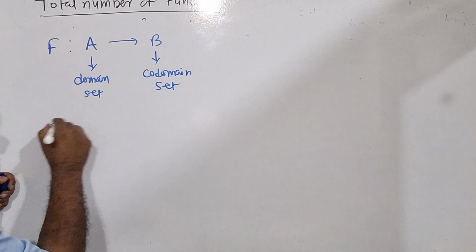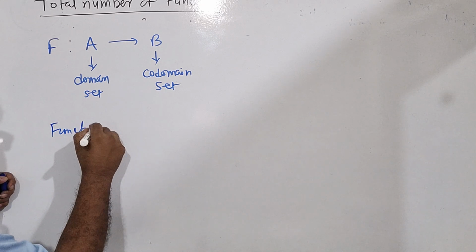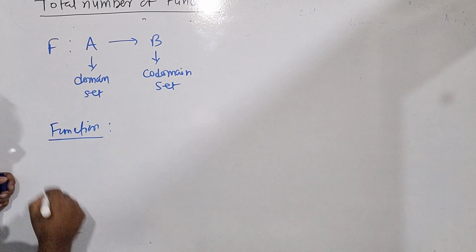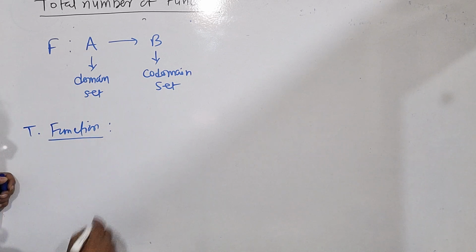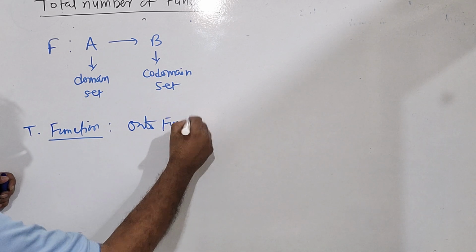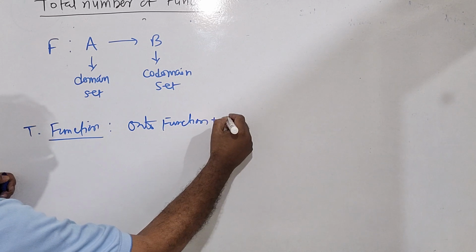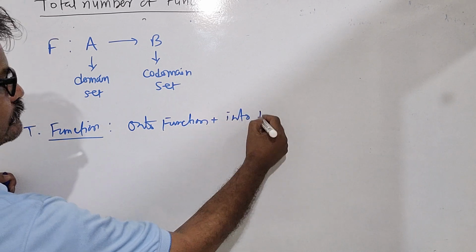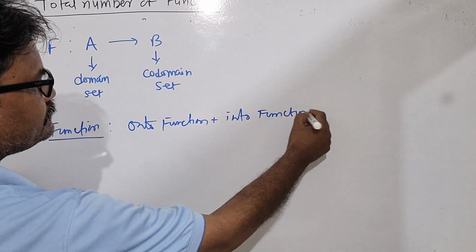Okay, the total number of functions, also on the basis of the classification of function, the total number of functions is the total number of onto functions plus into functions, correct?